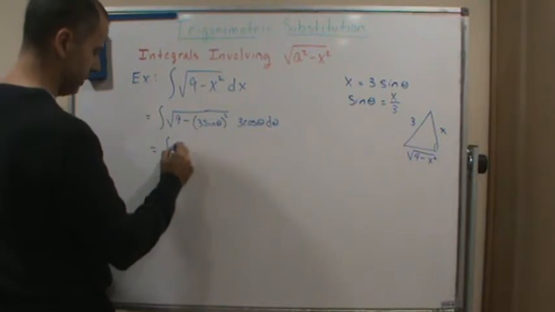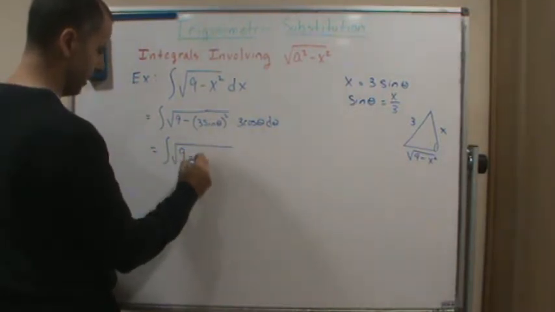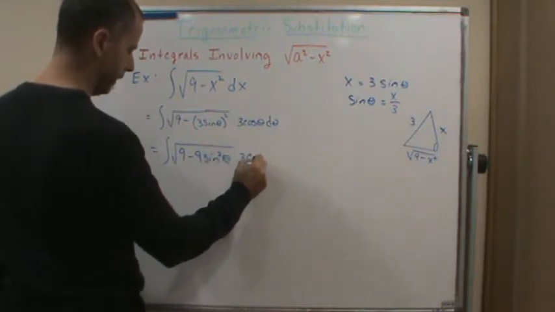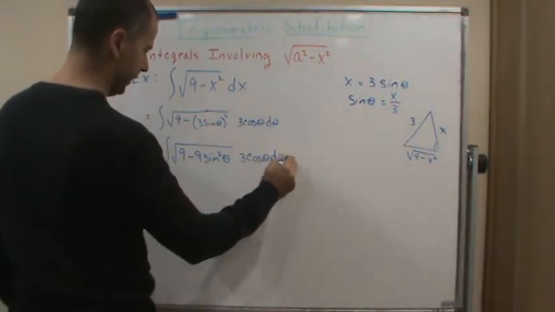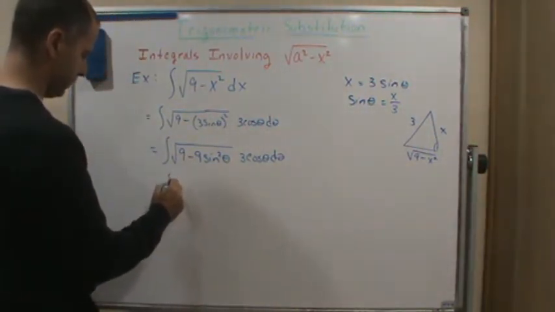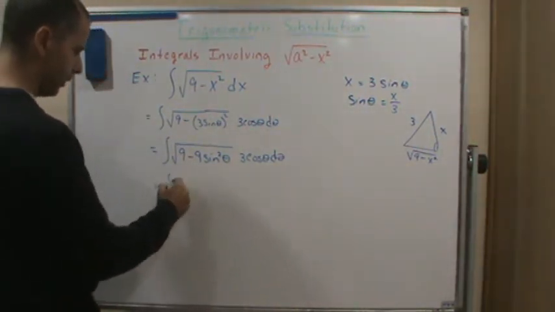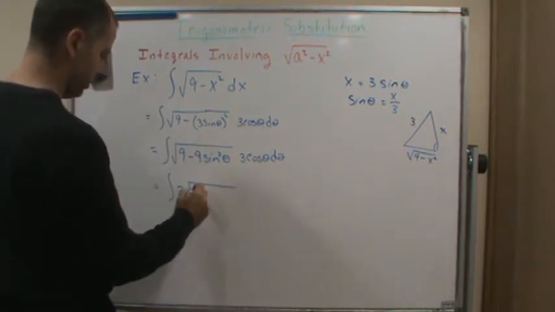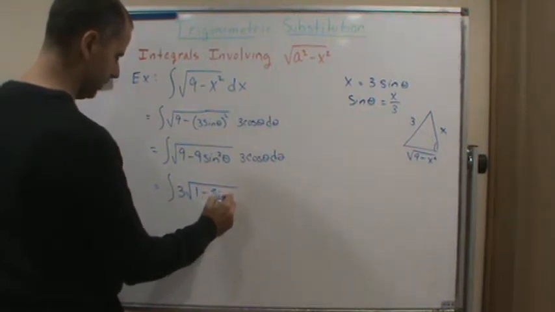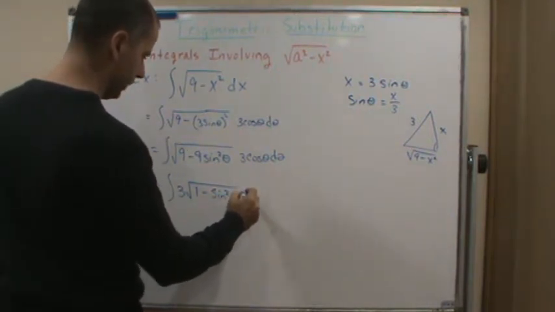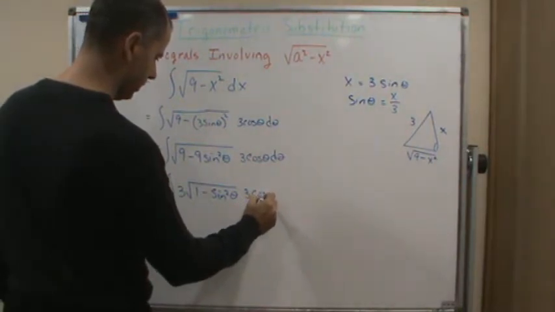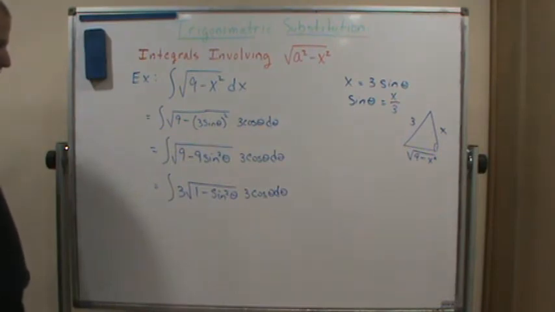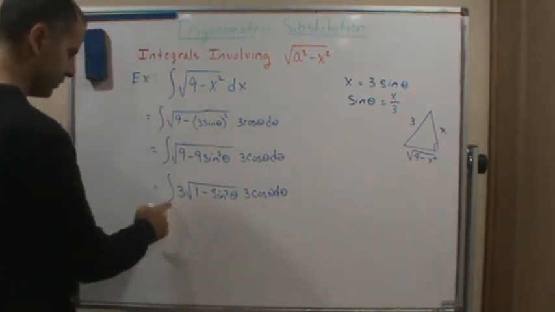So I'm going to get the square root of 9 minus 9 sine squared theta, times 3 cosine theta d theta. Then of course I'm going to factor out the 9 and take the square root of it. So I get 3 times the square root of 1 minus sine squared theta, and then I get 3 cosine theta d theta. And then 3 times 3, that's going to give me 9.